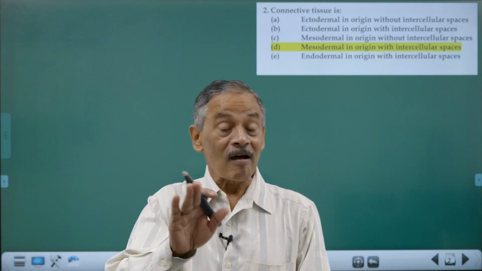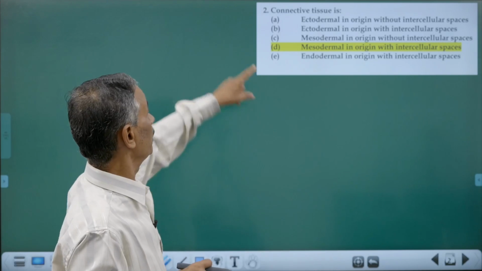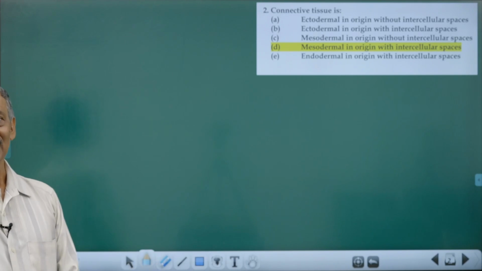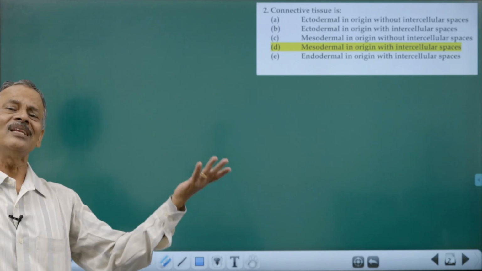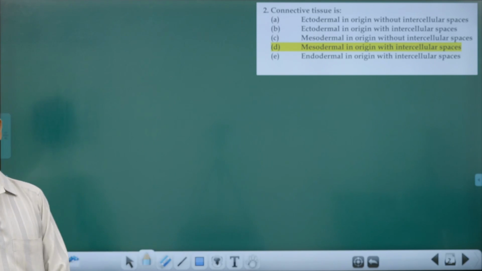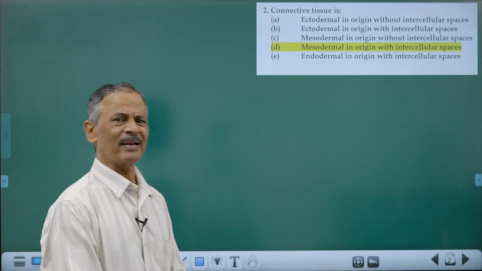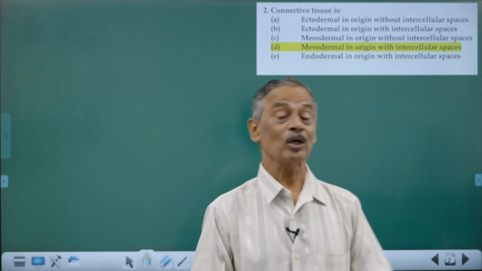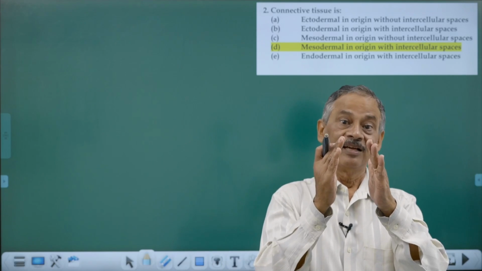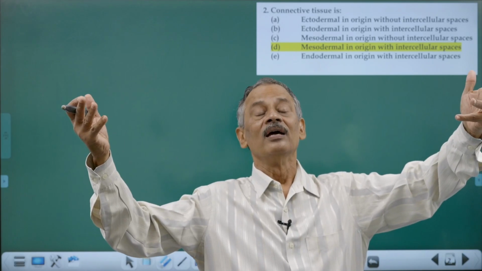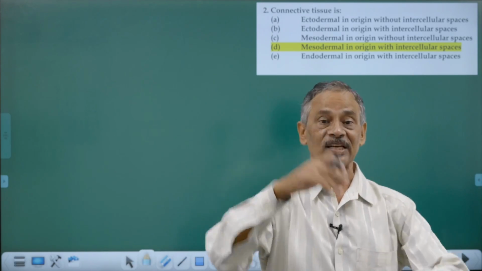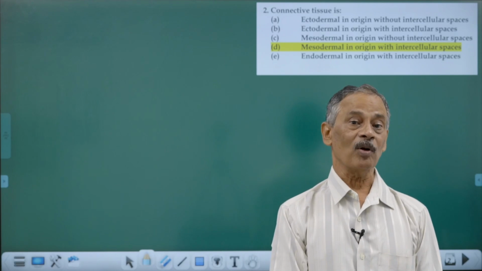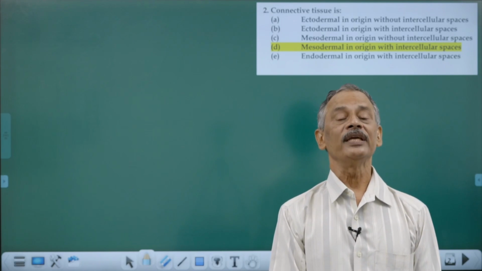These are all mesodermal in origin. What is the characteristic feature of this tissue? Cells are freely floating. They are scattered, not compactly arranged. Since cells are scattered, there is an abundance of matrix. Matrix is made up of glycopolysaccharides.